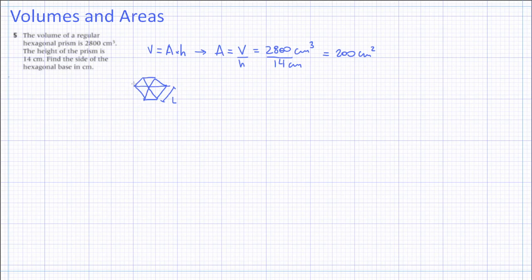Each of those segments here will have the same length. Alright, so the area of one of those triangles would be half of 2 of those sides.